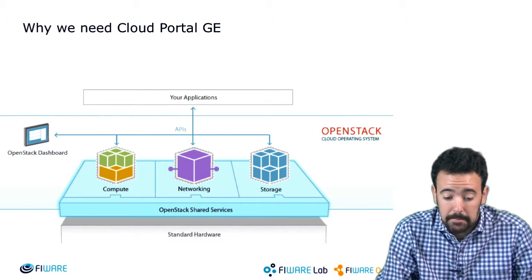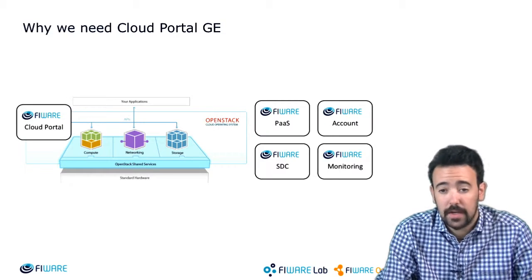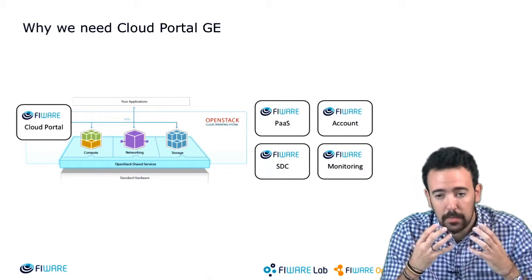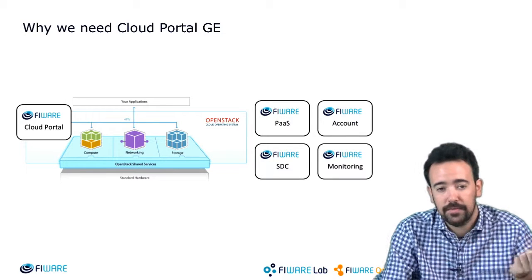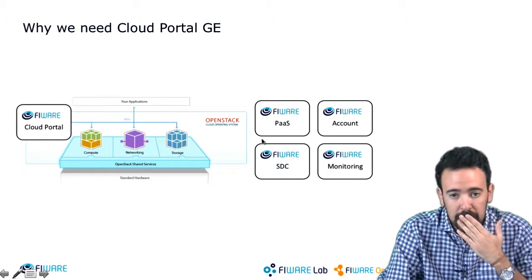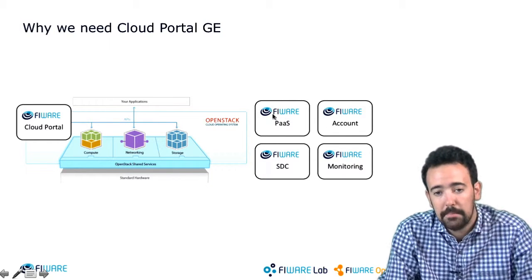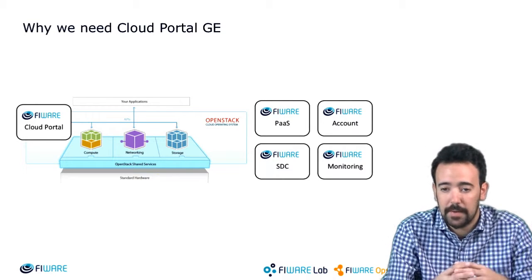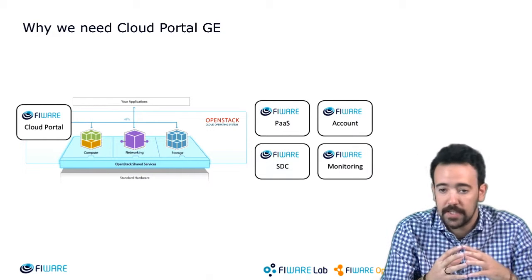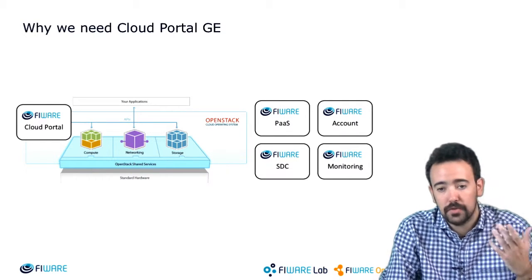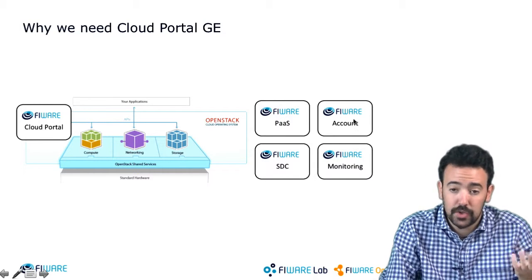But in the FIWARE cloud hosting chapter, we are providing extra components apart from the main components that OpenStack provides by default. We are providing the PaaS manager component that is in charge of managing complex applications. We also provide a wrapper on top of the Keystone component.